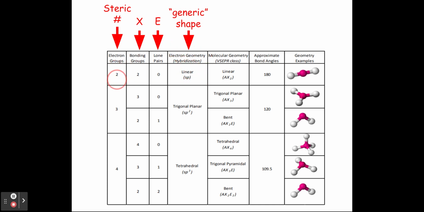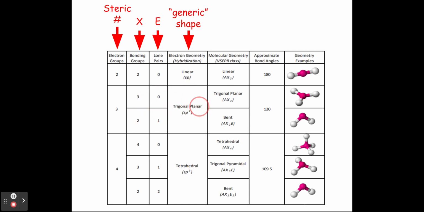So if you have a steric number of 2, which means you have 2 electron groups total, then you're going to be linear. If you've got 3 electron groups total, then you're going to be trigonal planar for the electron geometry. And again, it doesn't matter if you have 2 bonding groups and one lone pair, or 3 bonding groups and 0 lone pairs. The total is still 3.